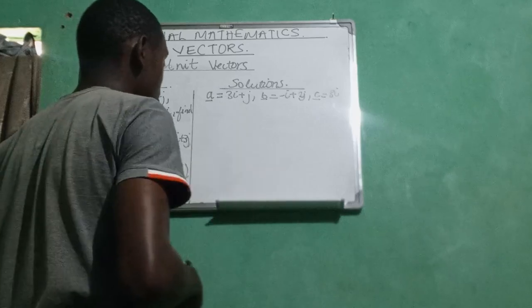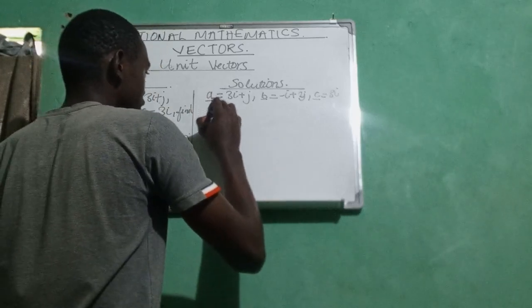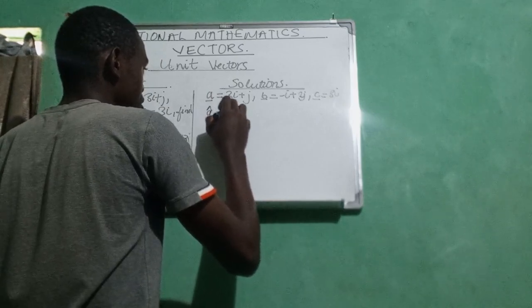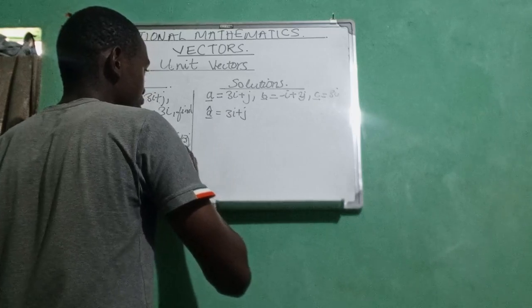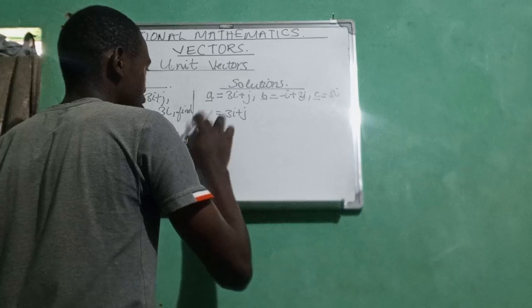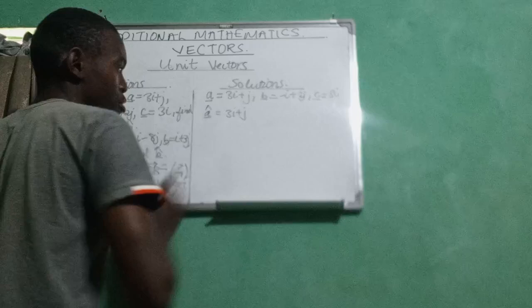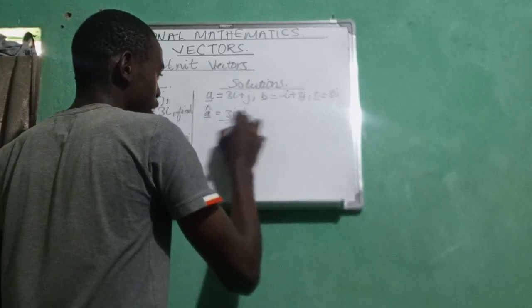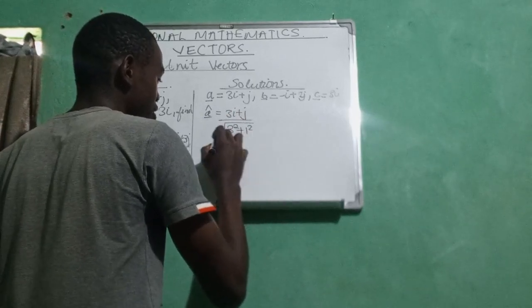So in this case it will mean vector A hat is equal to 3i plus j. I want you to see the hat symbol there. You divide by the magnitude, square root of 3 squared plus 1 squared.